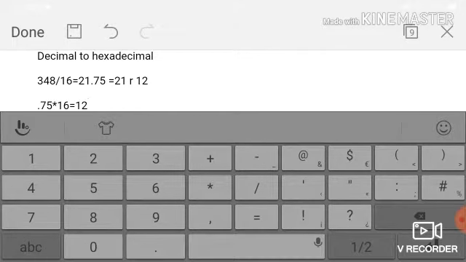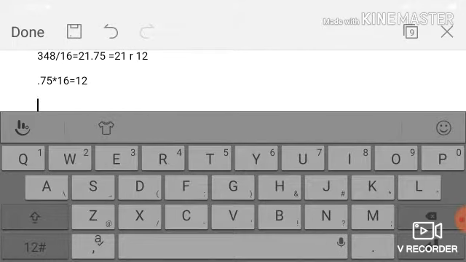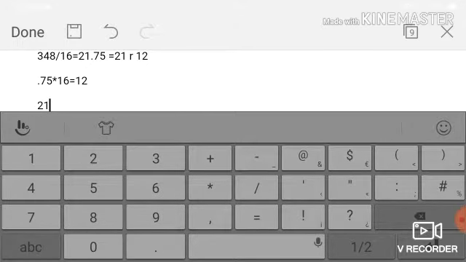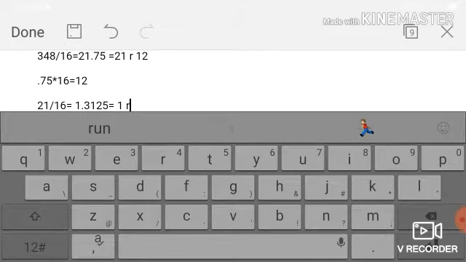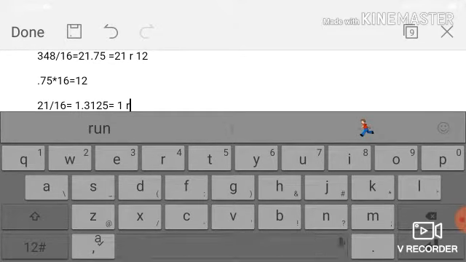So that is the remainder. Let's continue. So 21 divided by 16 is equal to 1.3125, or equal to 1, remainder 5.